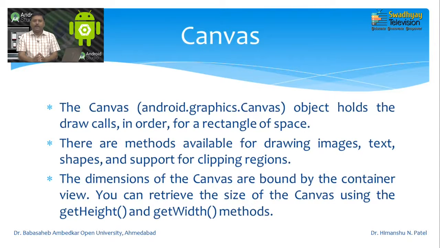Canvas is available in package android.graphics and it holds the draw calls, means various methods for drawing different types of shapes. There are methods available for drawing images, text, shapes and support for clipping regions. The dimension of the canvas are bound by the container. You can retrieve the size of canvas using the getHeight and getWidth methods also.